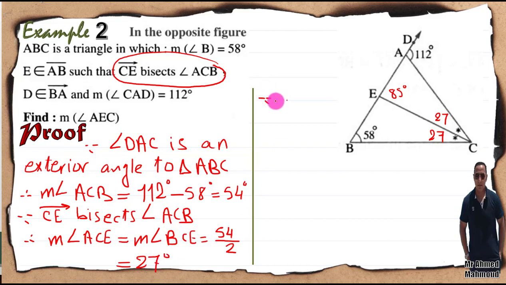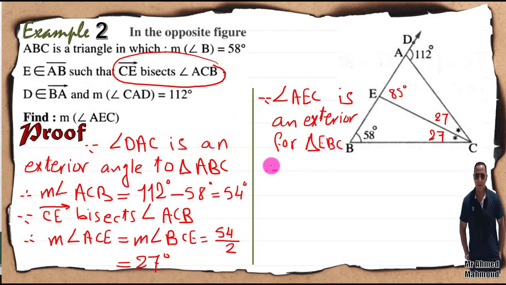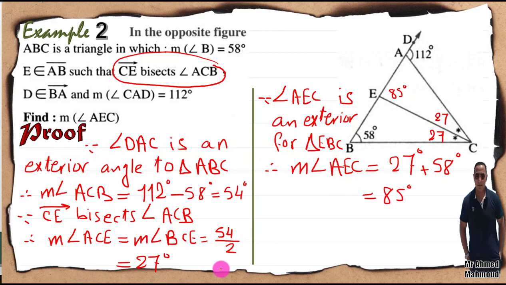Now since angle AEC is an exterior angle for triangle EBC, therefore measure of angle AEC equals 27 degrees plus 58 degrees, which equals 85 degrees, and this is the required.